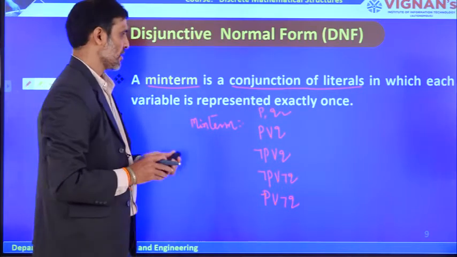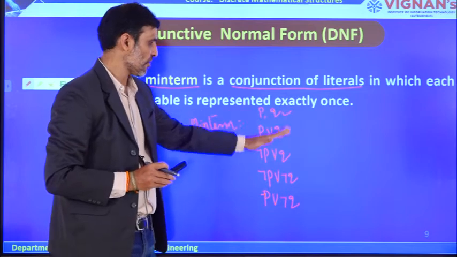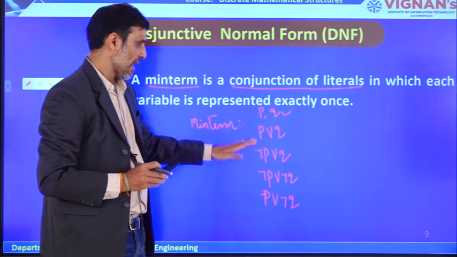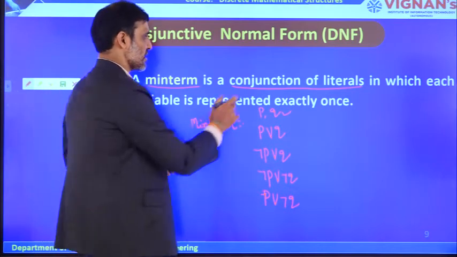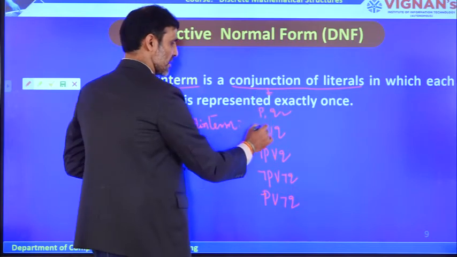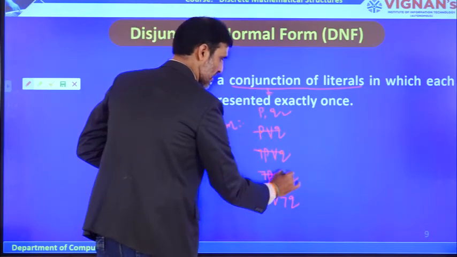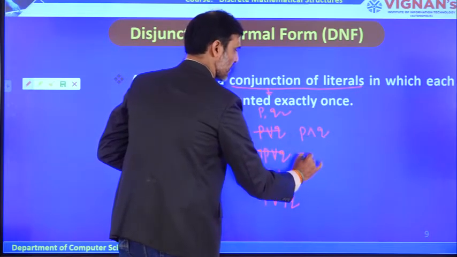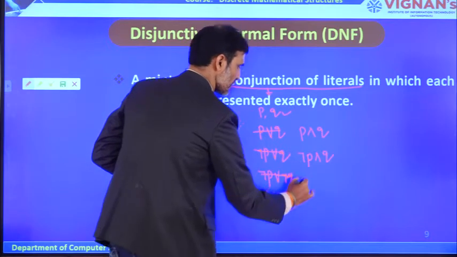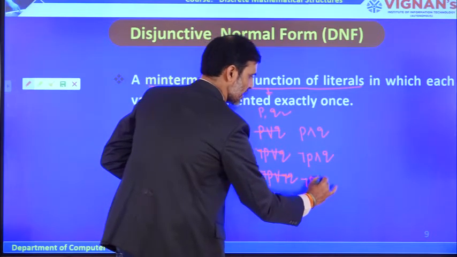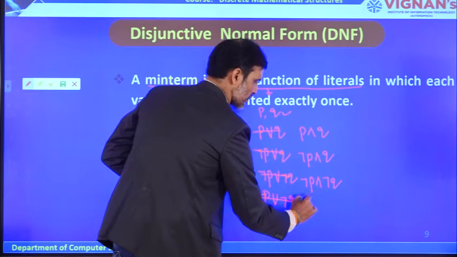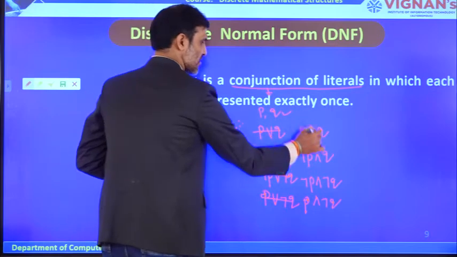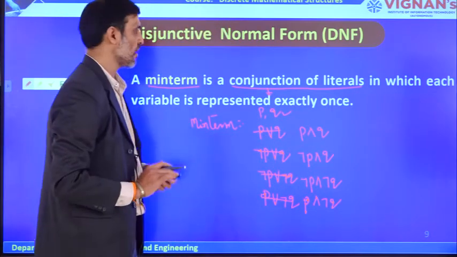propositional variables. If you take these 2 propositional variables, the following are the min terms, and a min term is a conjunction: P and Q, negation P and Q, negation P and negation Q, P and negation Q. These conjunctions of literals are called min terms.